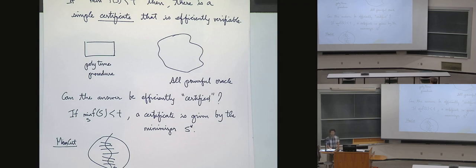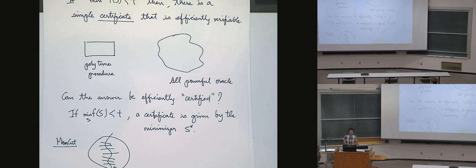So in all these optimization problems, computing the actual solution looks like it's difficult. But if you're given a particular solution, you can always check if it's less than t or not. That makes sense? So the certificate is S itself. Yes, exactly. The certificate is a solution.